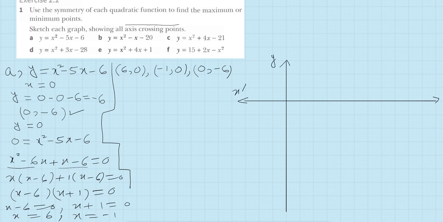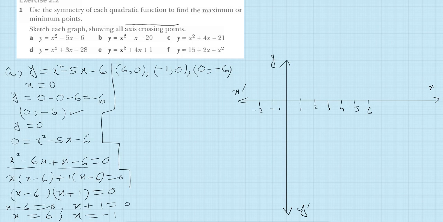So this is x positive, sorry, not negative. This is y negative. Now for plotting, we can take 1 square as 1 on the x-axis. So this is 1, this is 2, 3, 4, 5, 6, and minus 1, minus 2.